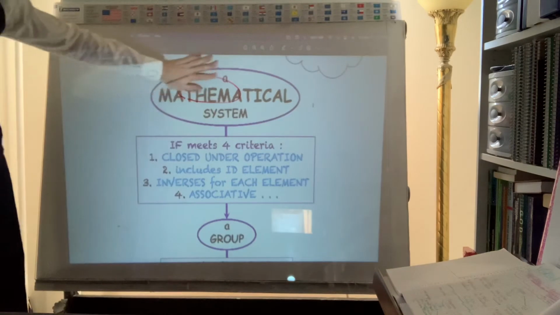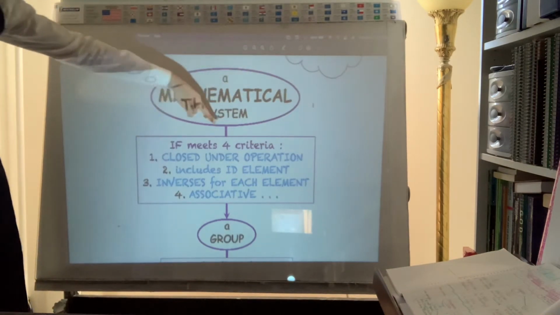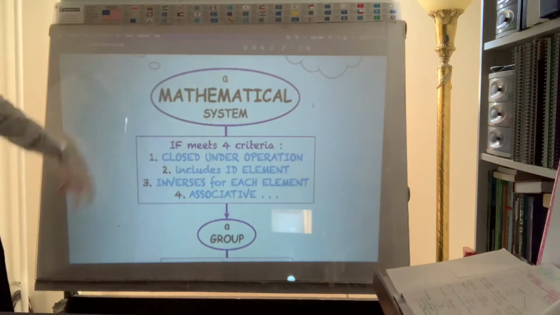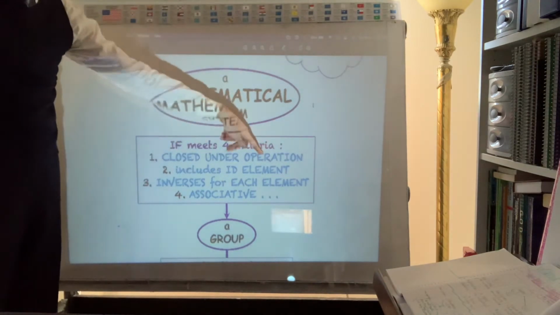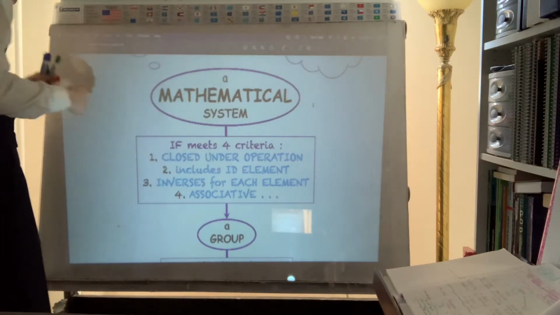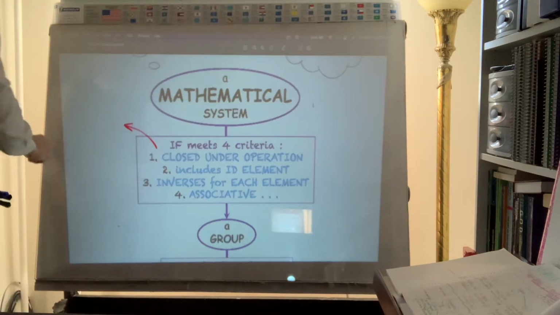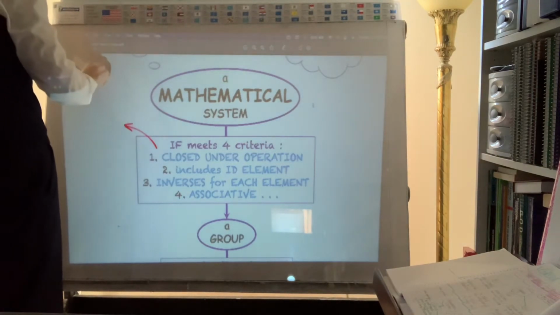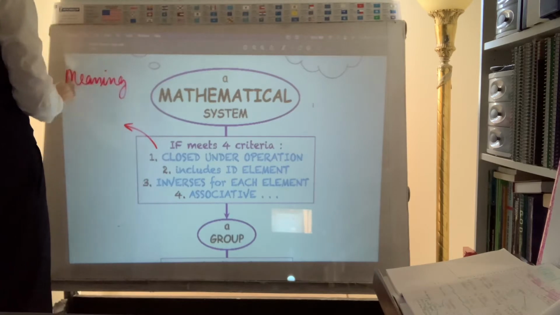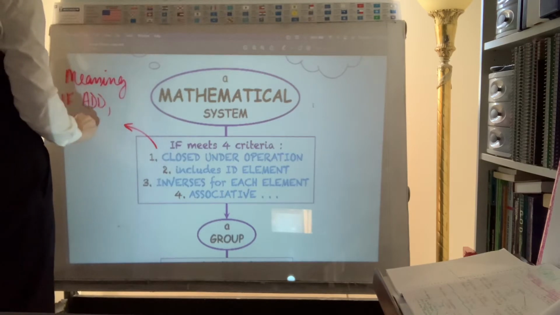If the mathematical system meets these four criteria, that it is closed under the operation, and that has to do with closure. That was from one of those properties that we discussed from last time. Meaning, for example, if adding, you only get more of the same.